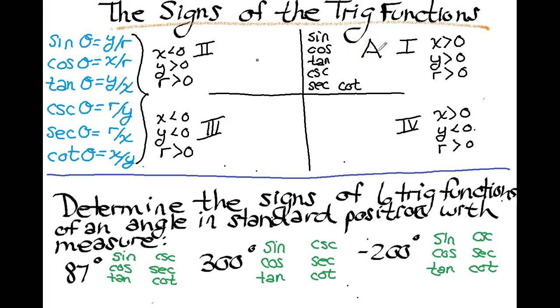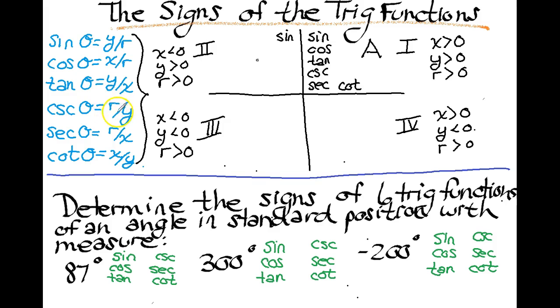Alright, so let's move to quadrant 2. The ones that will be positive will only be the ones that have a y and an r value. If they have an x value, it will be negative. Sine has a y and an r value, so sine will definitely be positive. Cosine's negative because it has an x value: negative over a positive is a negative. Tangent is y over x, so that's a positive over a negative, which is negative.